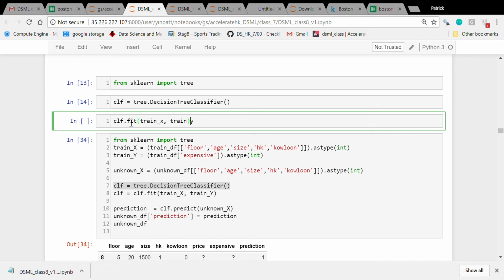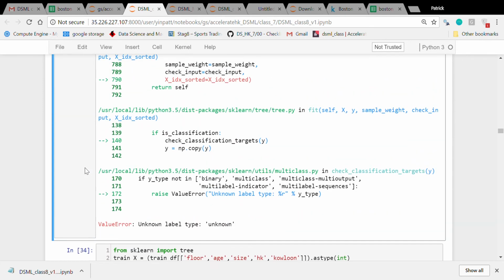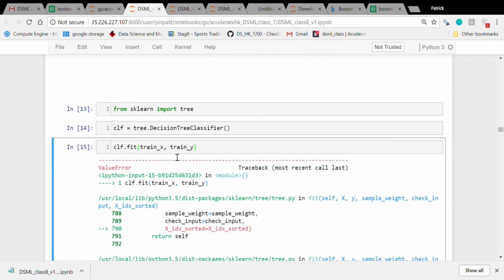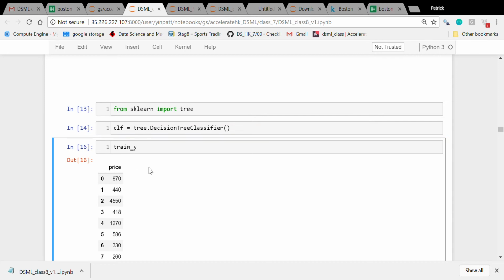Oh, sorry. Not train y, sorry. Train x, train y. Oh, because currently our train y is a price, so you have to do df.expensive.